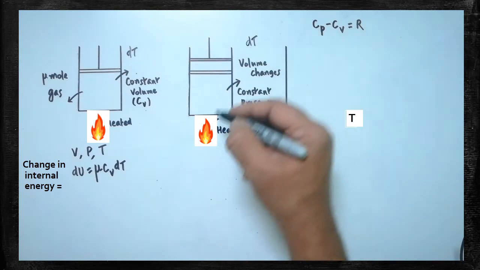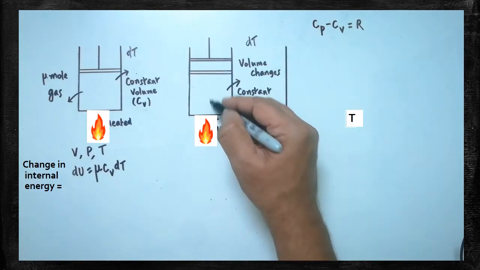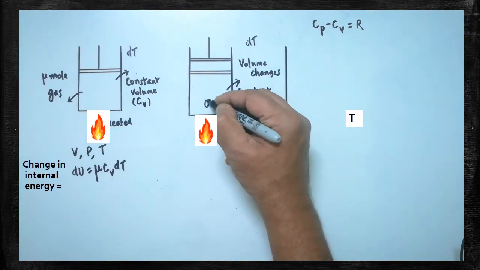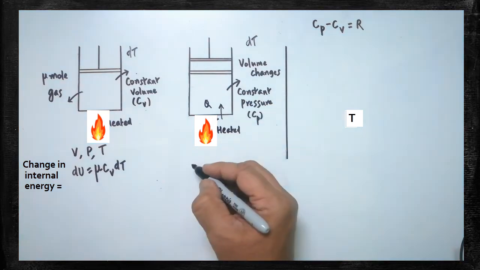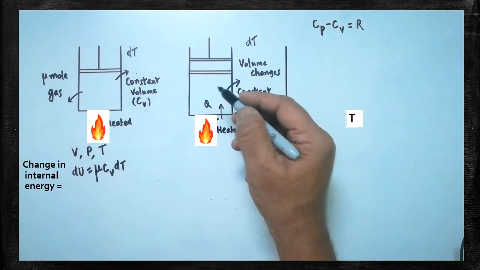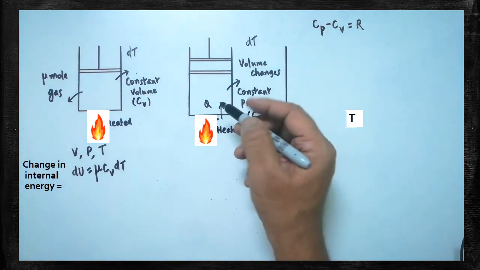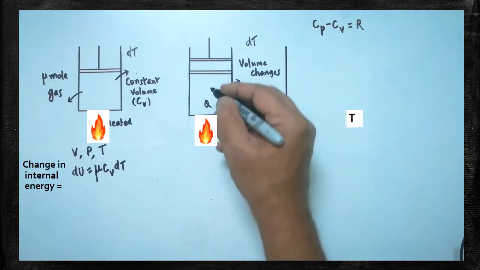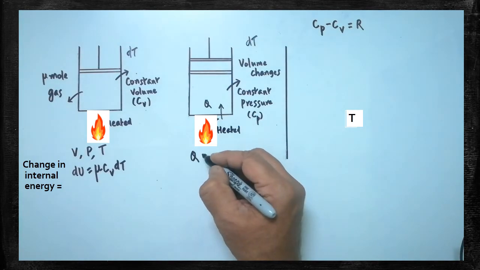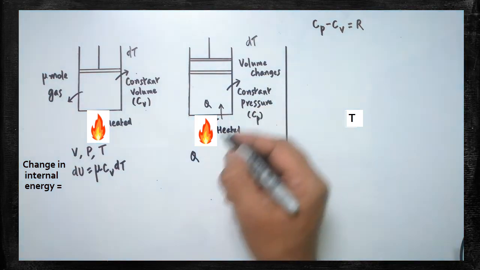Understood? Now the heat is supplied here. The heat supplied to the system can be called Q. Because of that, work is done, and the piston moves from one position to another position. Now the heat supplied causes the change in temperature.